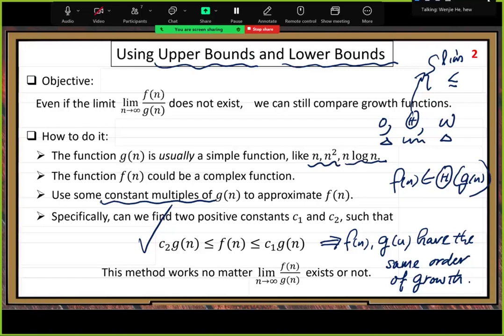That's possible. The limit does not exist, but the 2 functions have the same order of growth. Let me give you this interesting example. So let's calculate these 2 functions.